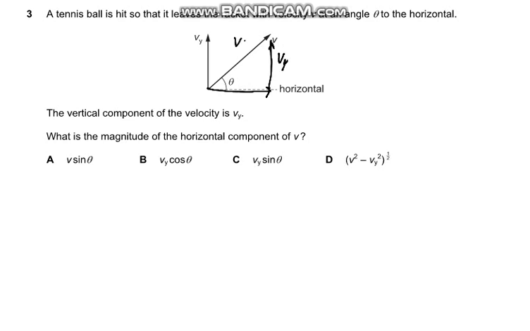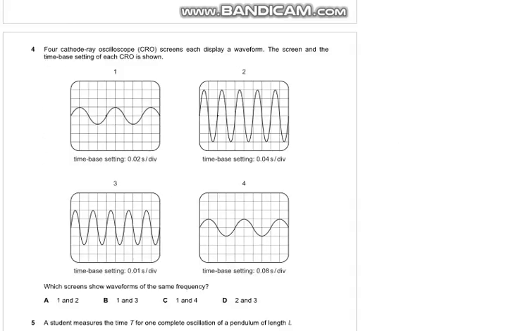It's basically v cos theta, which is not given in the options, so it must be in terms of v and vy. So let's find the horizontal component, that is the square root of v square minus vy square, from the Pythagoras theorem. So D is the proper answer.